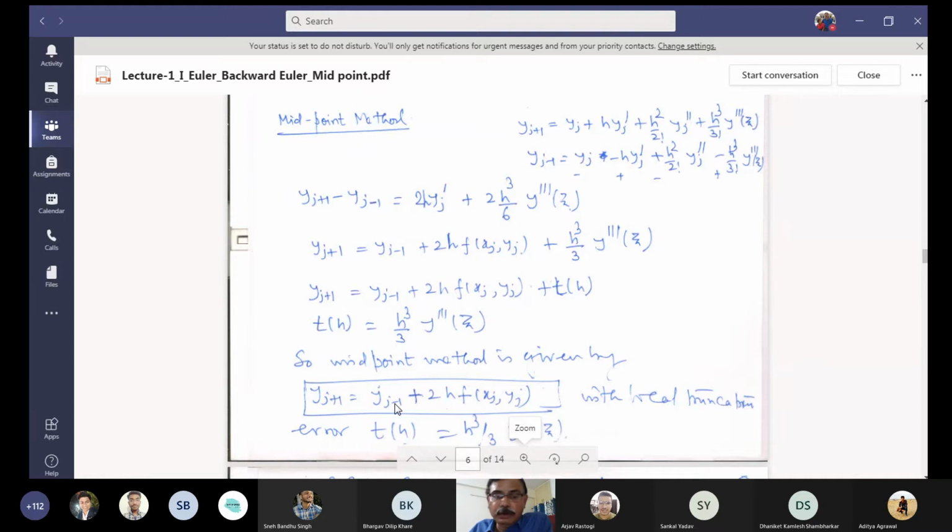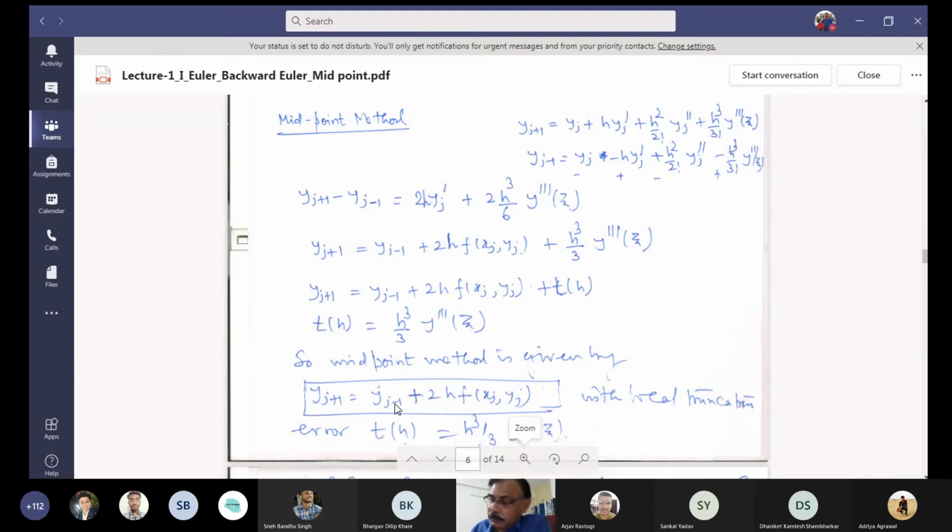So let us start with j equal to 1. So what will be that? y2 is equal to y0, no wait, j equal to 1, so it is y0 plus 2h f of x1, y1, right?